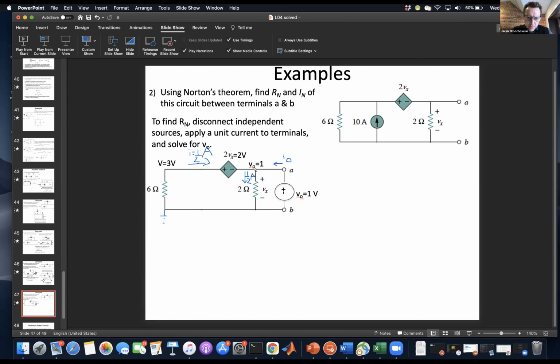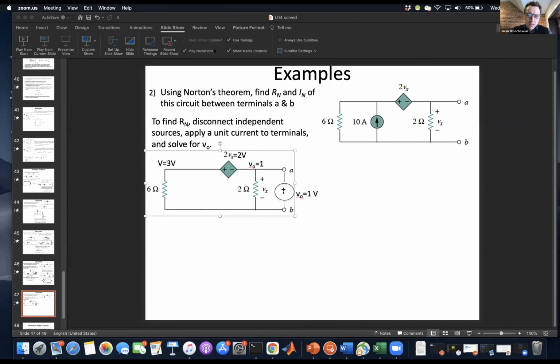This is 0 volts. This is 1 volt. There's a drop from here to here of 2, which means this is 3 volts, which means that, okay, let's try this again. So this current here, this point is sitting at 0 volts.